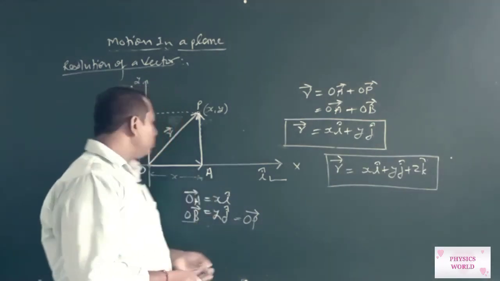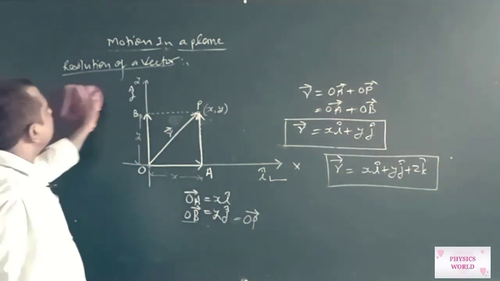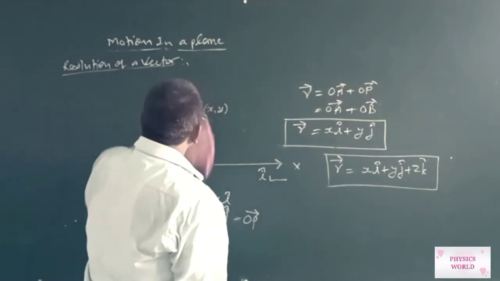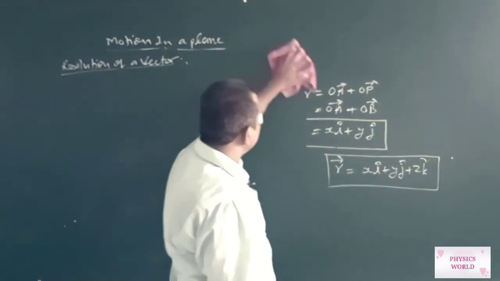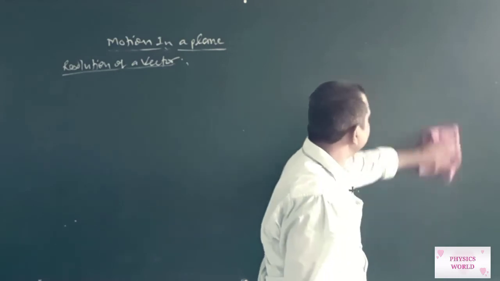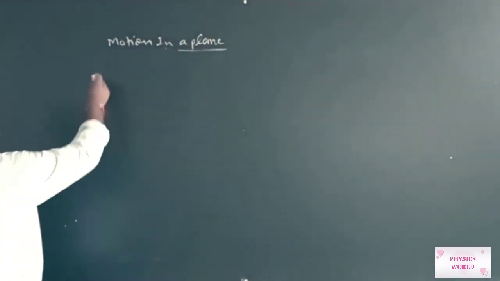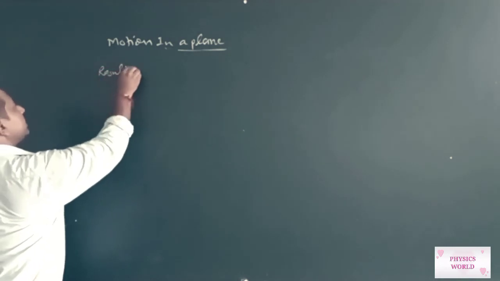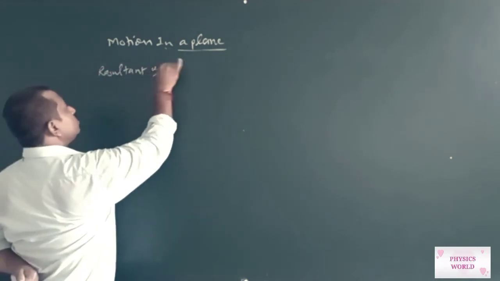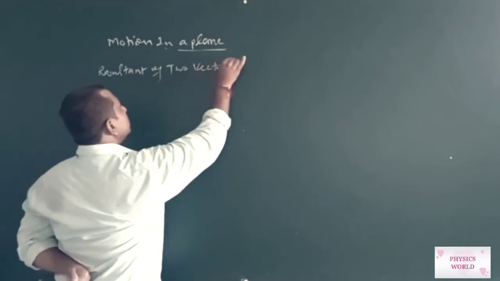Now come to a simple rule that is also known as the resultant of two vectors.